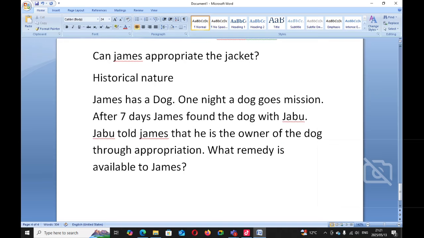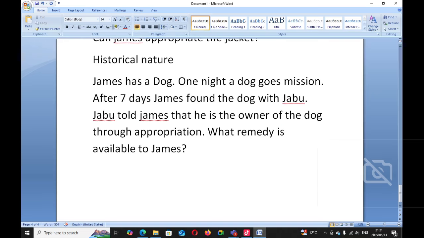Because on the 19th, when we're talking about appropriation, you are going to write an exam. And we have a James who has a dog. One night, the dog goes missing. After 7 days, James found the dog with Jabu. Jabu told James that he's the owner of the dog. Through appropriation, what remedy is available to James? Which remedy?